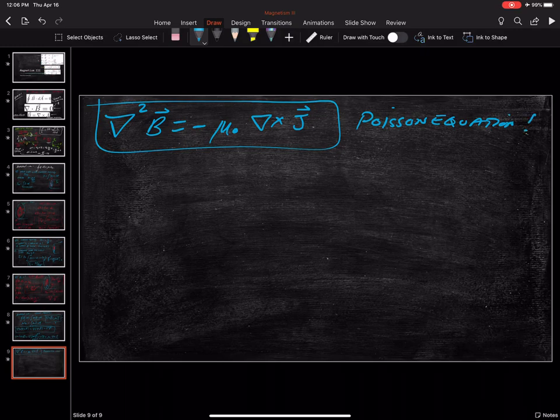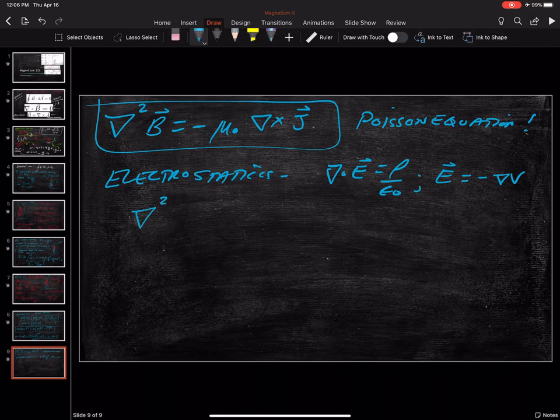What was a Poisson equation? Well, you remember, in the case of electricity, I've got that del dot E is rho over epsilon naught, and that E is minus the gradient of V. So taking the divergence of this, I get del squared V is minus rho over epsilon naught.